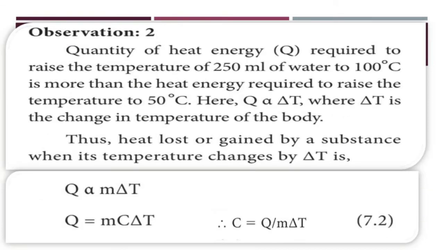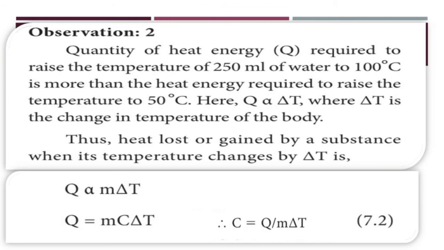Observation 2. The quantity of heat energy Q required to raise the temperature of 250 ml of water to 100 degrees Celsius is more than the heat energy required to raise the temperature to 50 degrees Celsius. Here, Q is directly proportional to delta T, where delta T is the change in temperature of the body.